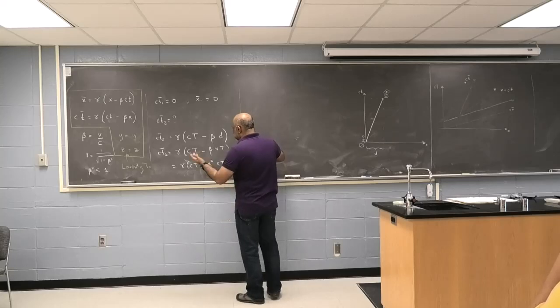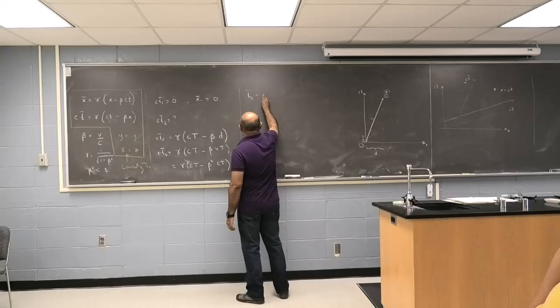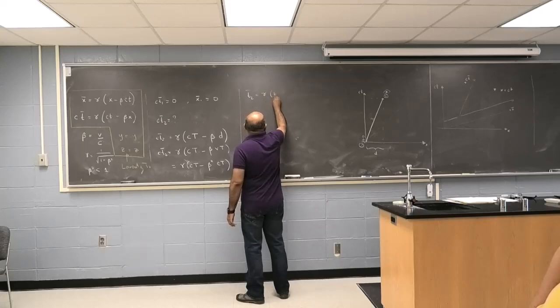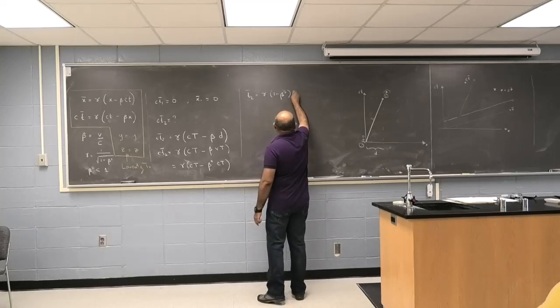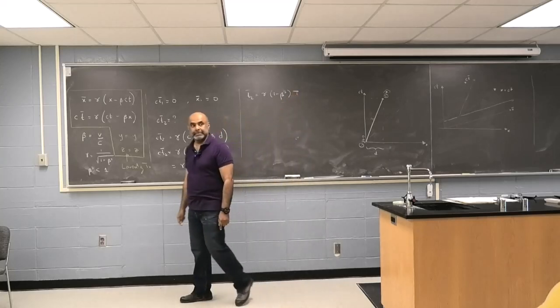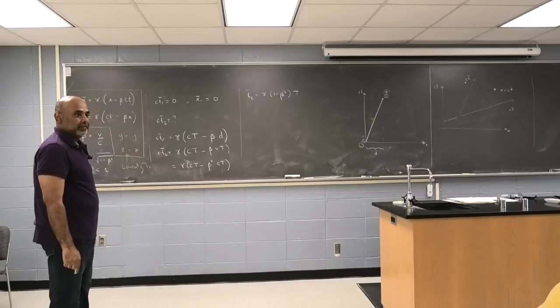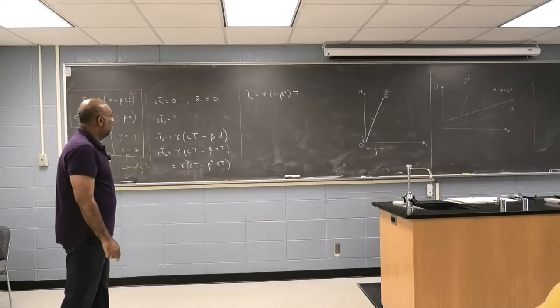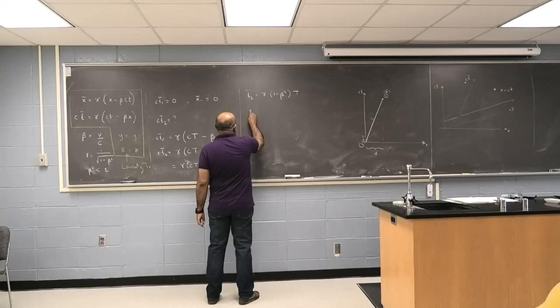So I guess I can say T2 bar equals gamma times 1 minus beta squared times T. Sorry? That would just be 1 over gamma times T. That would be correct, T2.